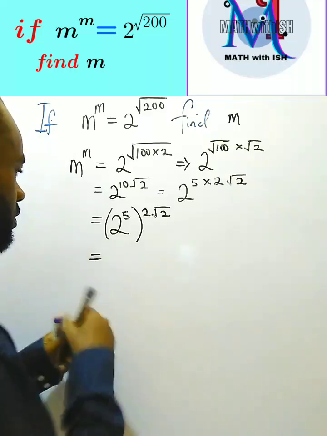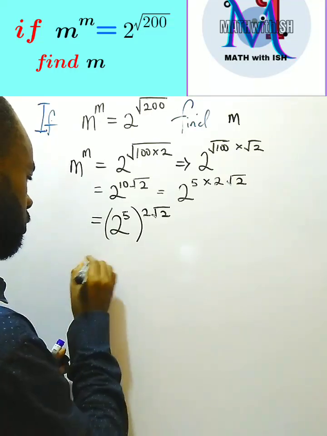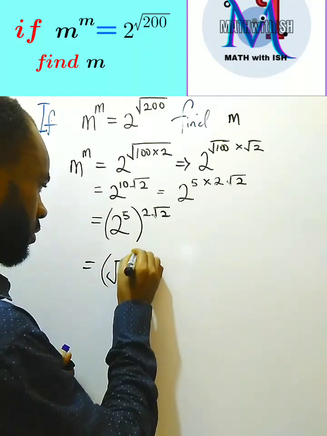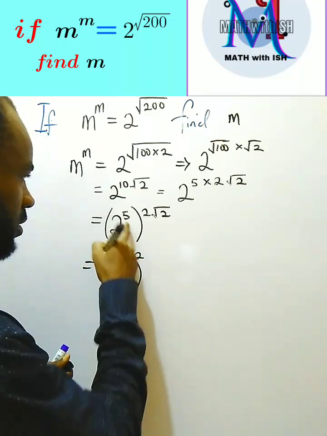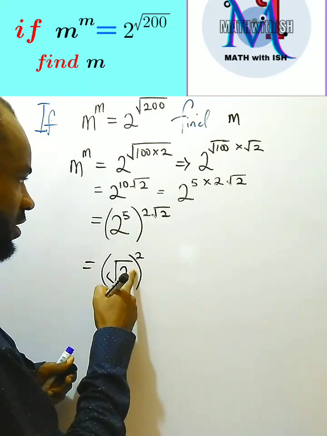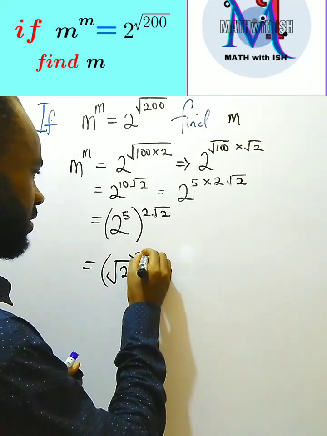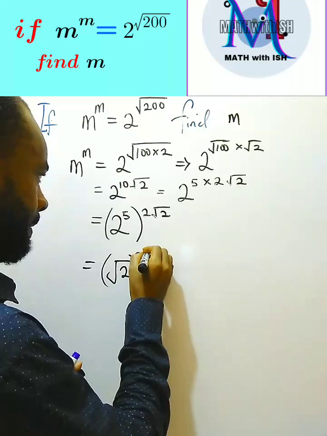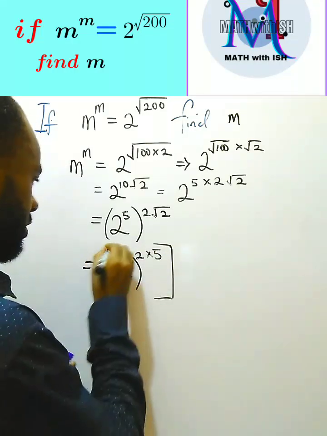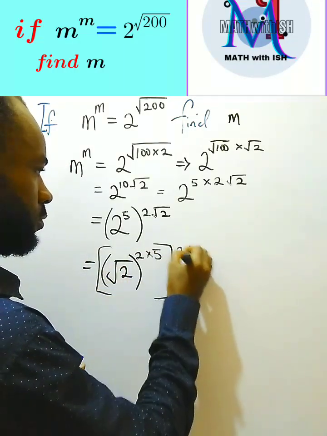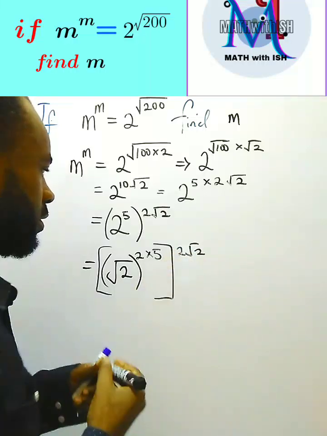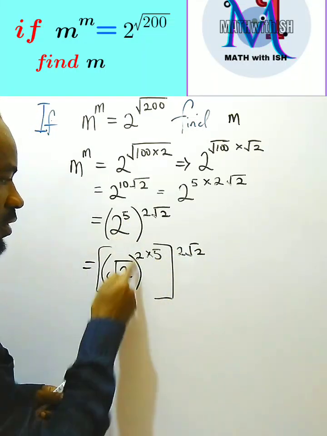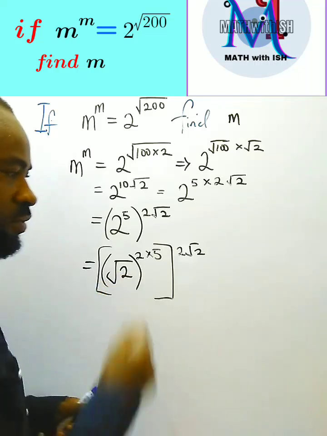Now, what we are going to do next is this. You see this 2? I know that 2 is equivalent to square root of 2 squared, okay? This 2 is the same thing as this. Then I have times 5, then bracket 2 root 2, okay? So this 5 is this 5. Then 2 is the same thing as square root of 2 all squared.